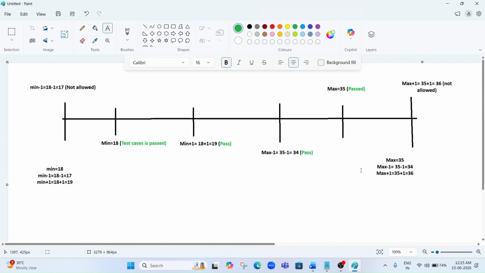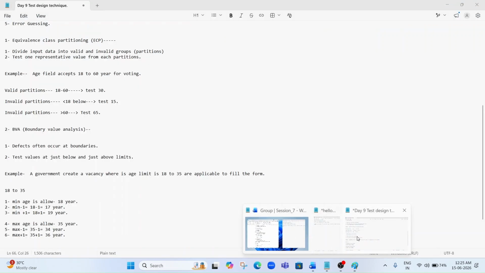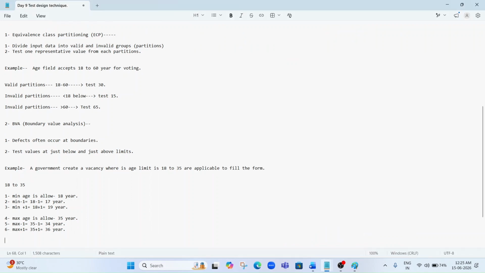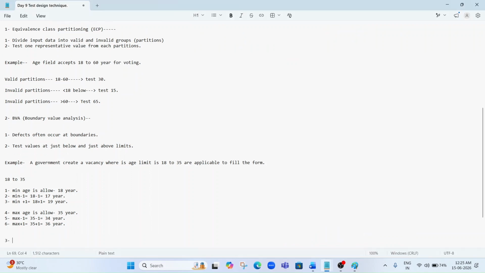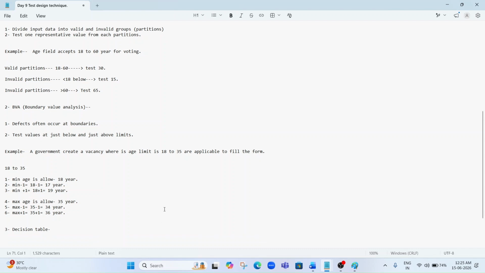Okay. So the third is the decision table.